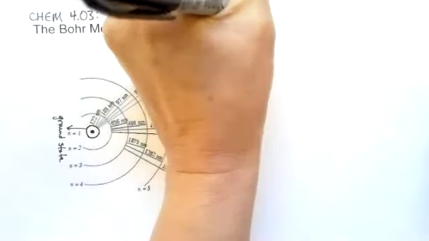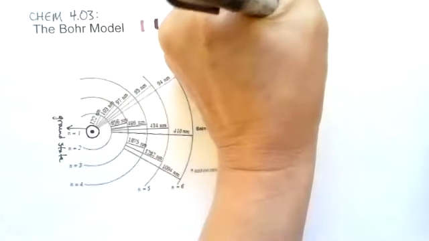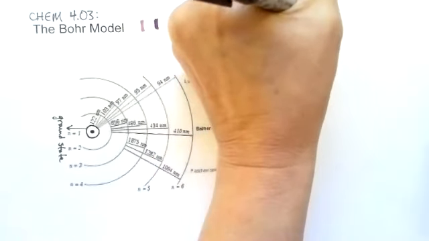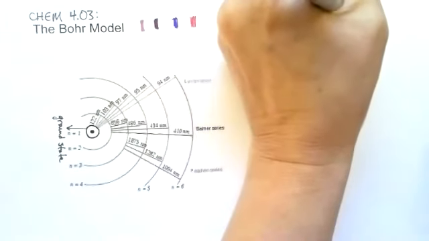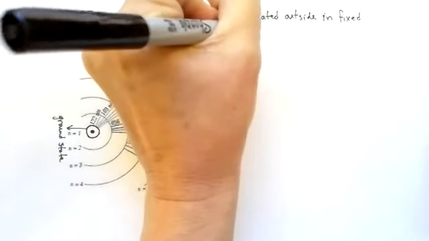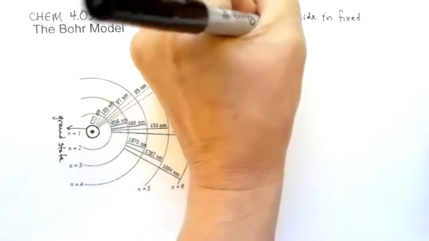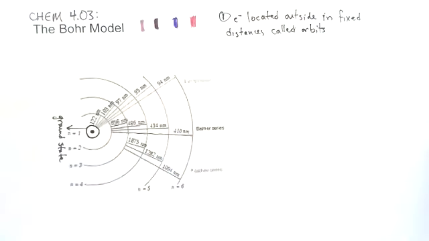The electrons are located outside the nucleus in fixed distances called orbits. That's what he called them. That's Bohr's word.